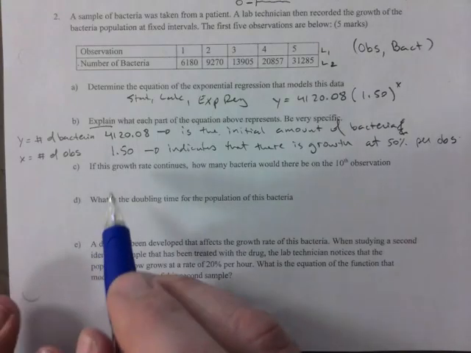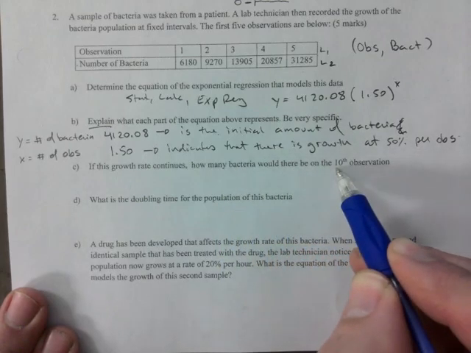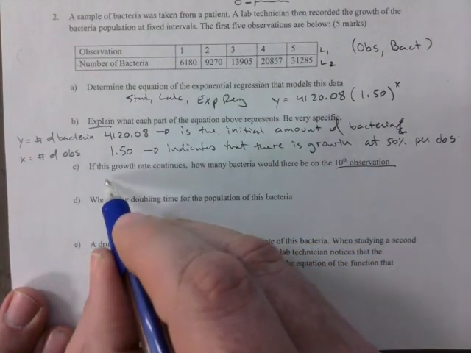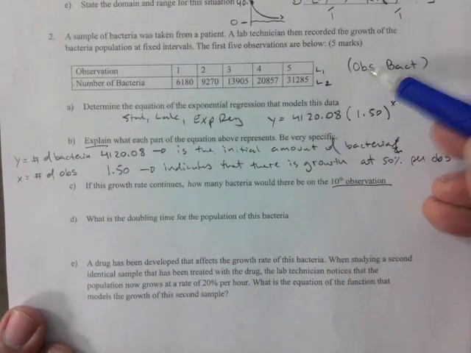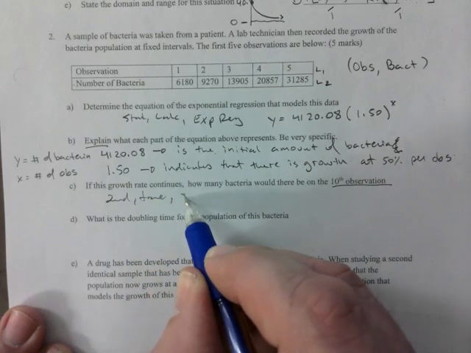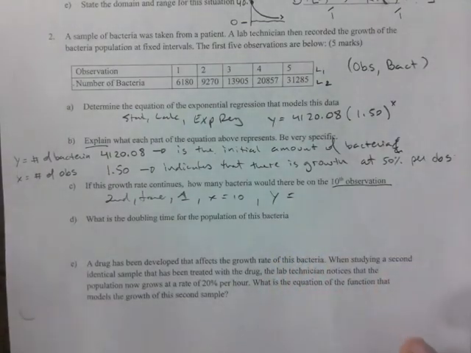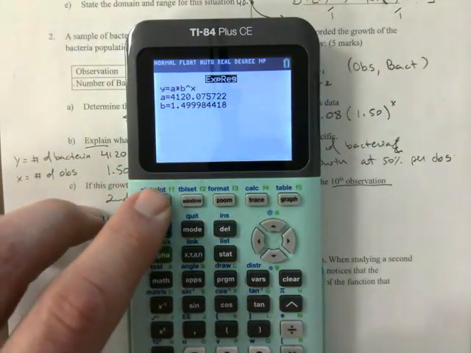If this growth rate continues, how many bacteria would you have on the 10th observation? Observation is my x value. So we go second trace value, x is equal to 10. Let's see if I can make this appear on my graph.